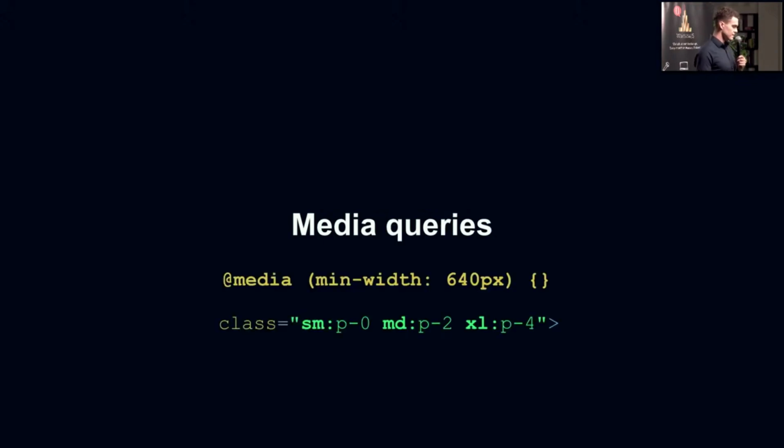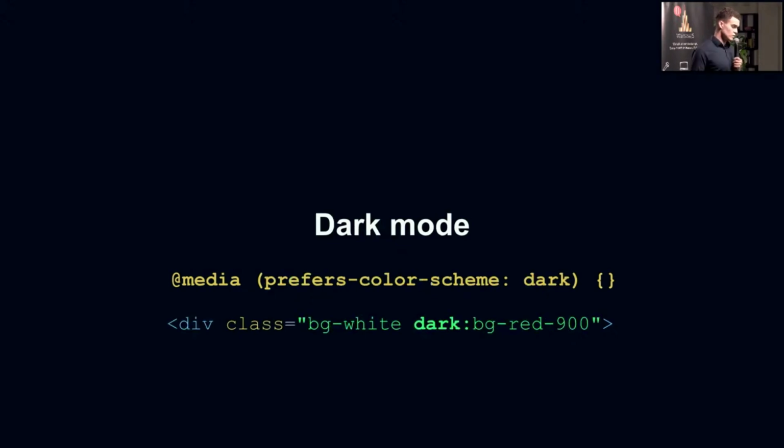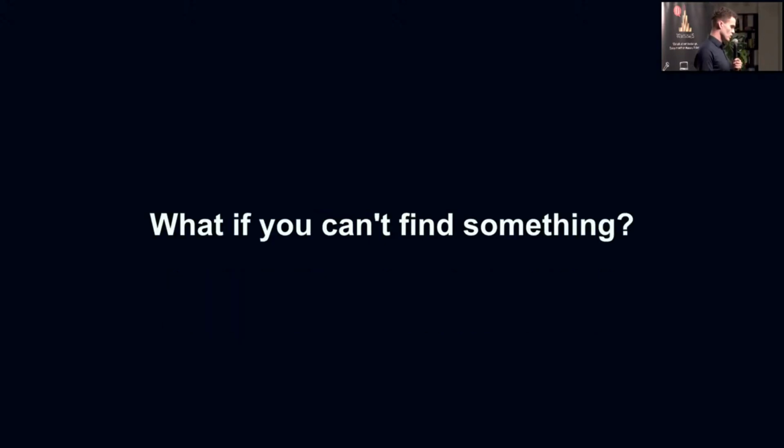And Tailwind is a mobile-first framework, which means that it gives you the option to make your website responsive and gives you media queries of small, medium, extra large, and a couple more. And also a media query for dark mode, where you can choose the color theme the user prefers.